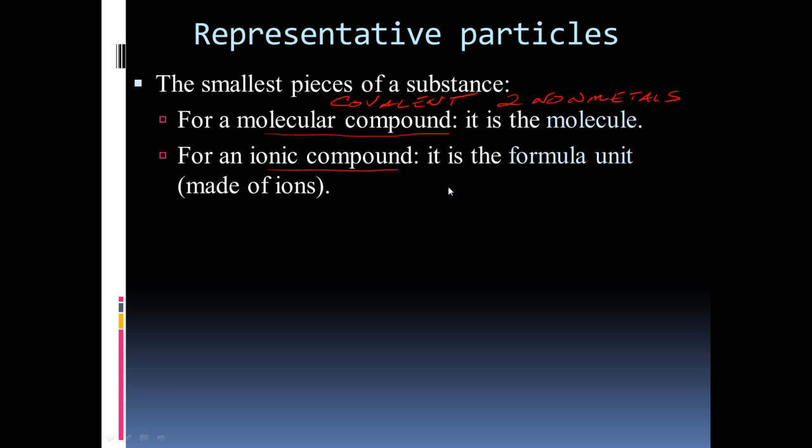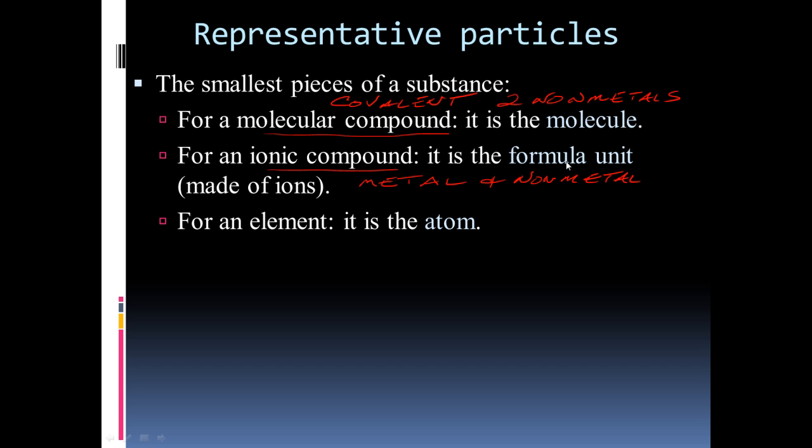Ionic compounds have an ionic bond, and that is a metal and a non-metal. If you don't remember this, you should write it down: a metal and a non-metal. If we're talking about an element, it's an atom. So this is still all terminology. When we say representative particles, we're usually talking about molecules, formula units, or atoms. It's just a general term for it.